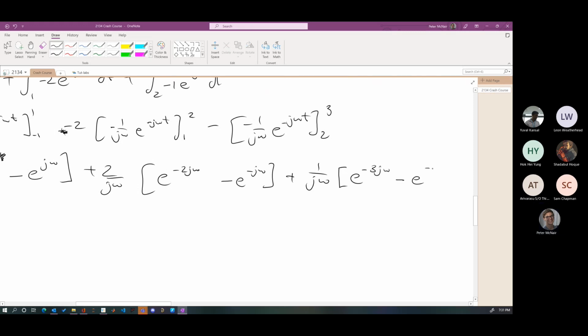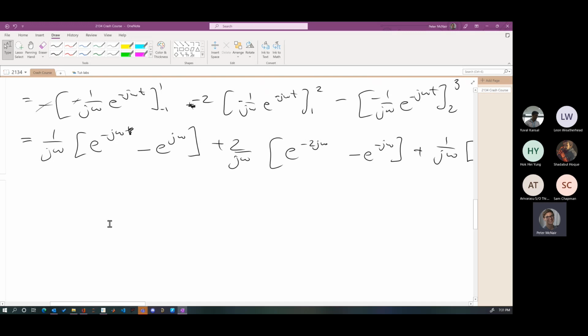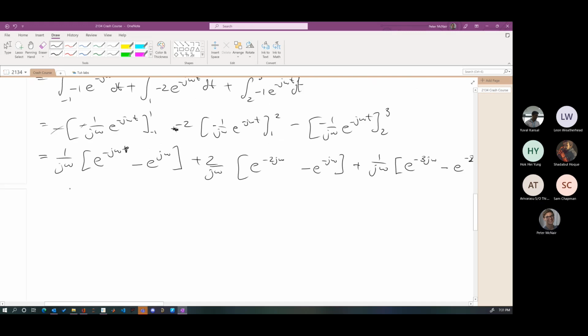Minus 2j omega. And I think we can just leave this as is more or less, but let's pull out a 1 on j omega, e to the minus j omega minus e to the j omega.